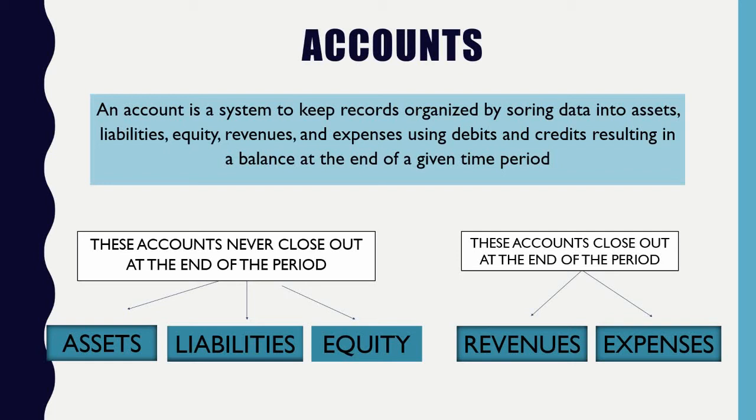We need some form of measurement that we can utilize to compare our progress or profitability. So at the end of every given period, whether it is daily, weekly, monthly, or quarterly, we tend to close out our income and our expenses to reflect some way to understand the transaction.